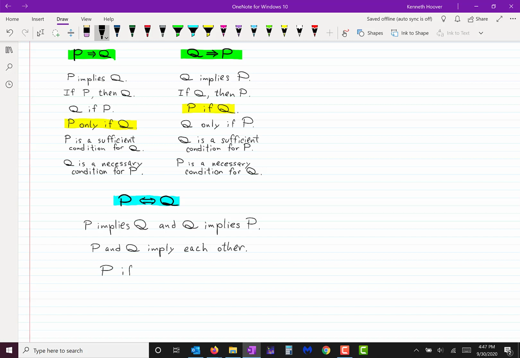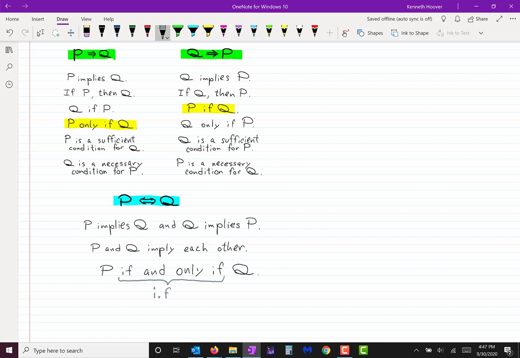P if and only if Q. That is a nice way of saying the biconditional. And it's even nicer because there's an abbreviation for if and only if, which is IFF.